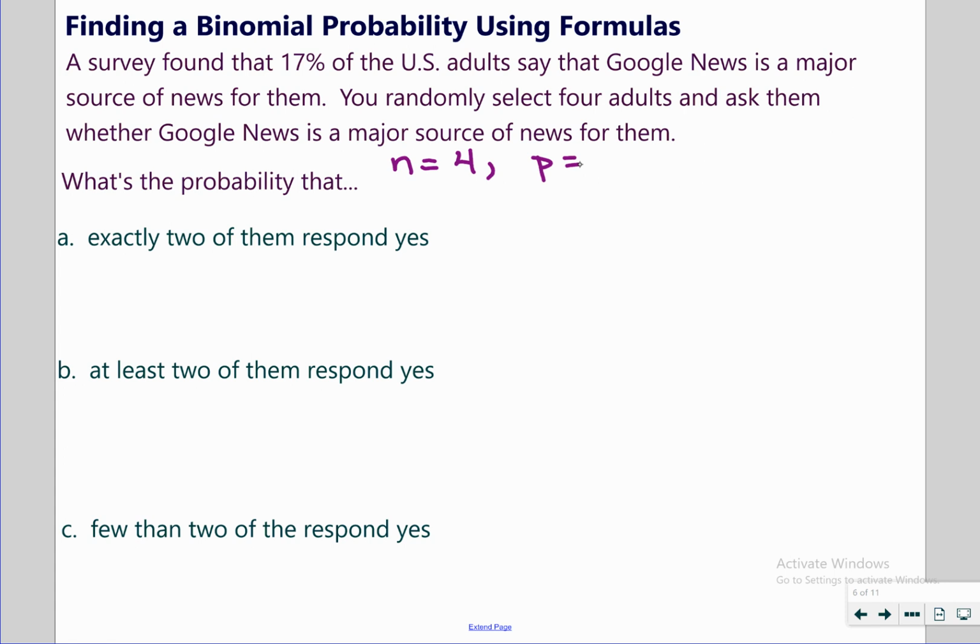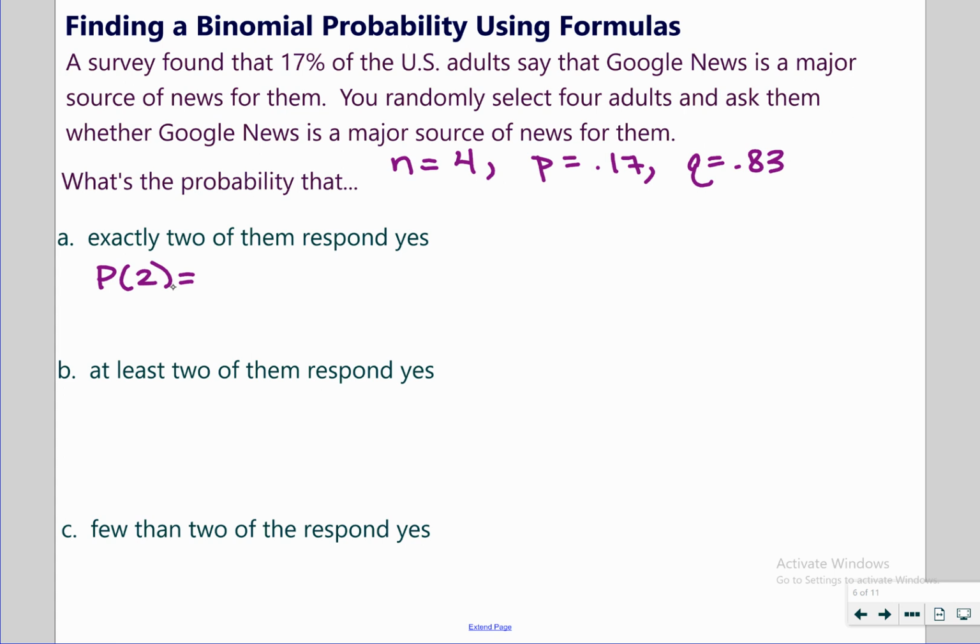So probability that they're going to say yes in this case. What is it? 0.17. q, probability that we have failure, that they're going to say no. 0.83. And then x could be all the numbers from 0 to 4. We don't need to list that right now. Okay, first calculation.